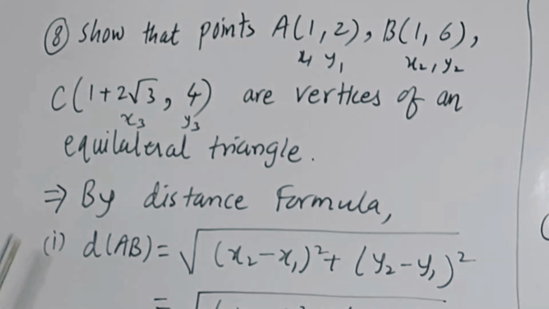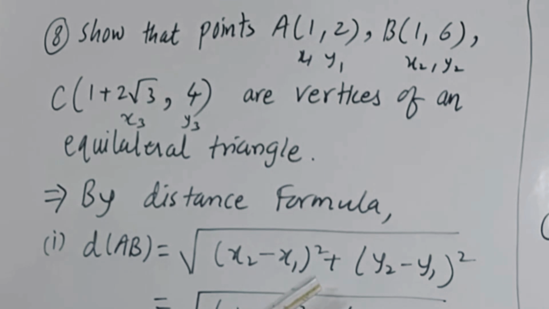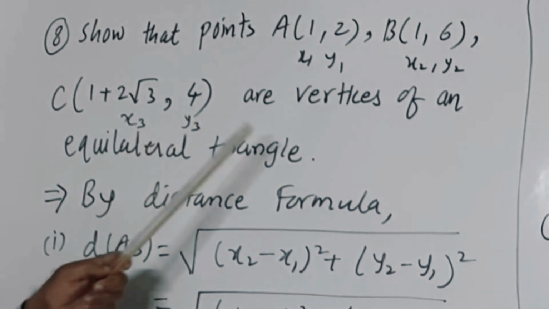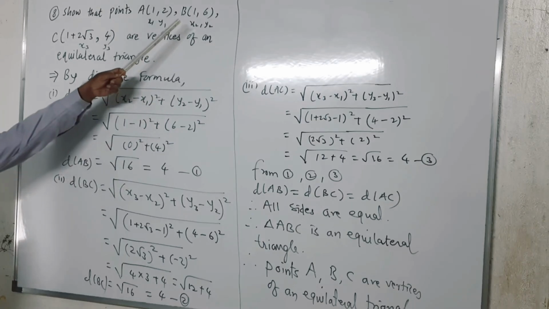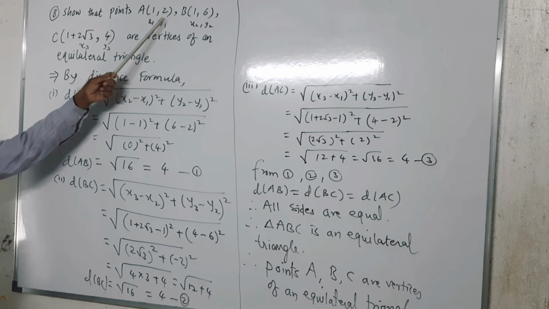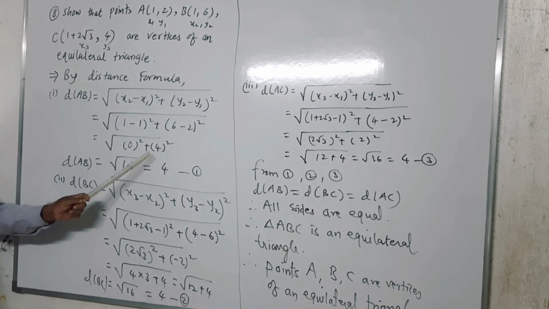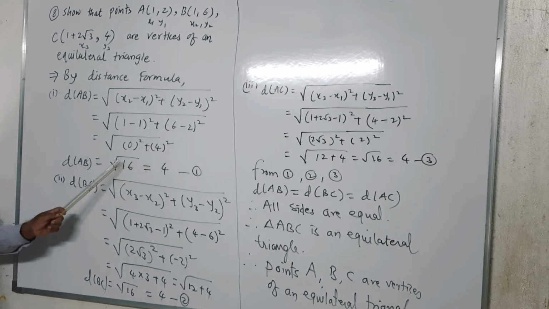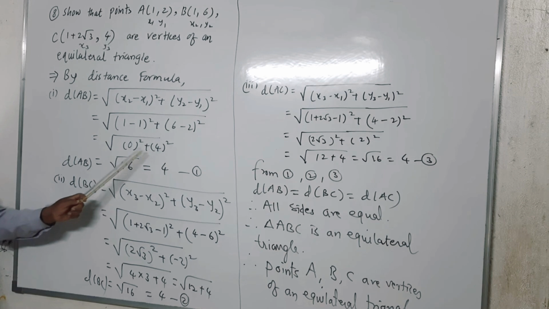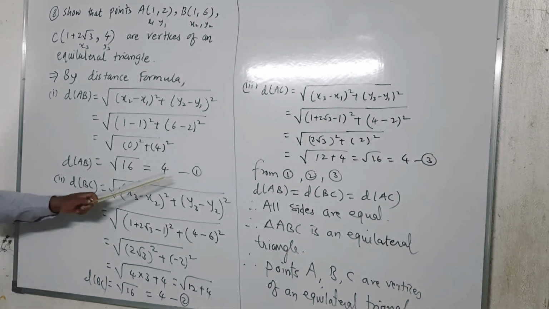So using distance formula, distance AB is equal to square root of (x2 minus x1) square plus (y2 minus y1) square is equal to under root of (x2 which is 1 minus 1) square plus (y2 which is 6 minus 2) square. 1 minus 1 is 0 plus 6 minus 2 is 4 square, which is equal to 0 square is 0, 4 square is 16, square root of 16 is 4. Number 1.